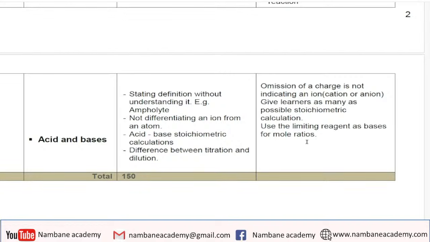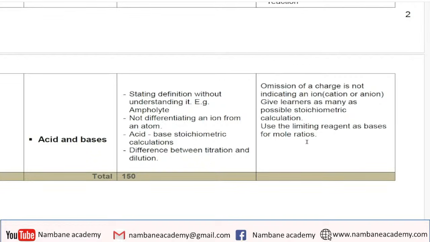So please practice these things of pH by concentrating on the calculation of pH directly using pH is equal to negative log hydronium ion. And then sometimes they might ask you to calculate the concentration of hydronium ion, having given you the pH. We know the logarithm rules.